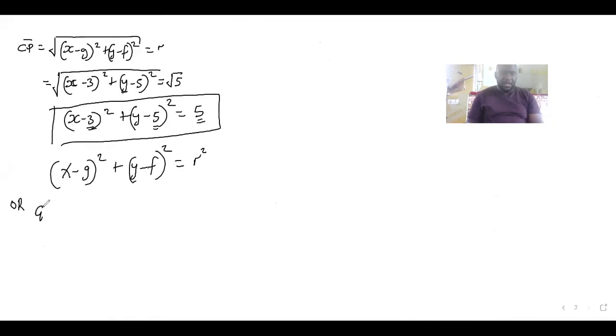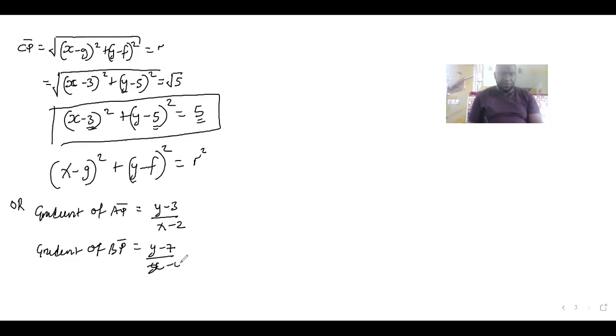So the gradient of AP will be (y minus 3) out of (x minus 2), then the gradient of BP will be (y minus 7) out of (x minus 4).